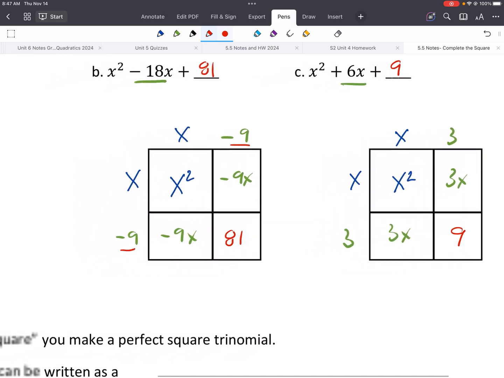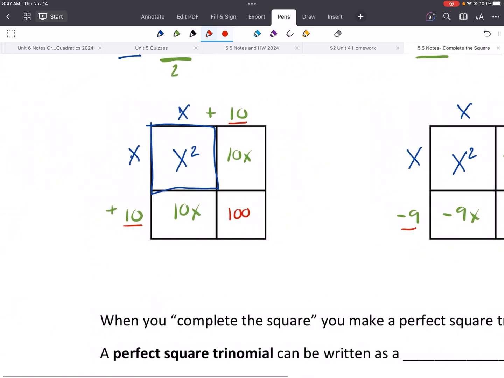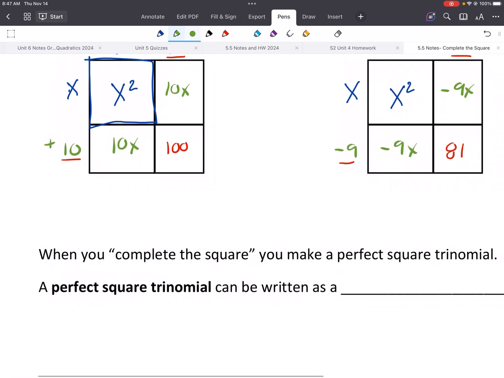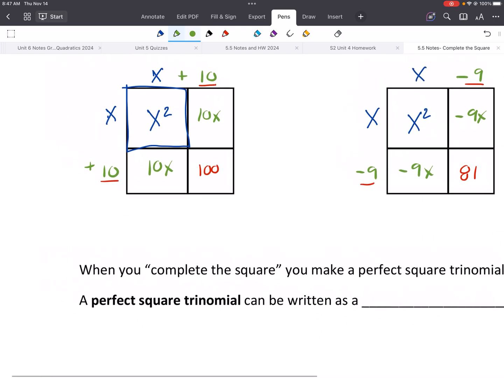So when we complete the square, we end up having two factors out in front that are the same. If that's the case, then we could rewrite this as x plus 10 times x plus 10. But to make it a little more simplified, we could write it as x plus 10 squared.